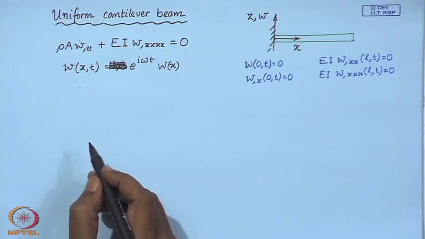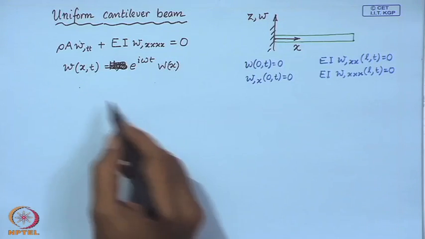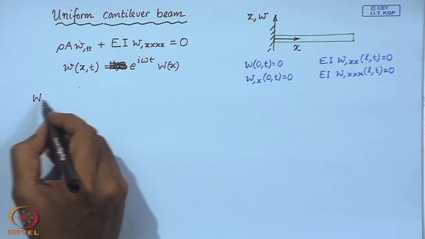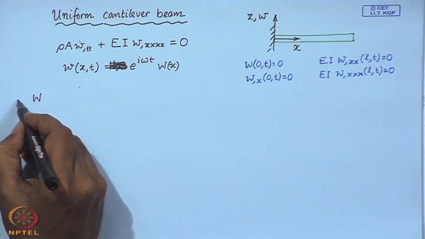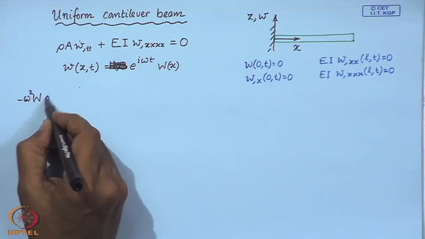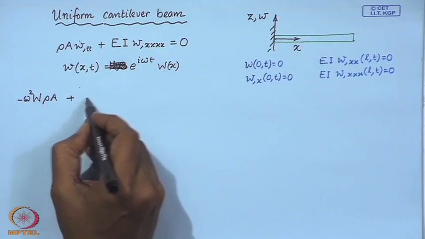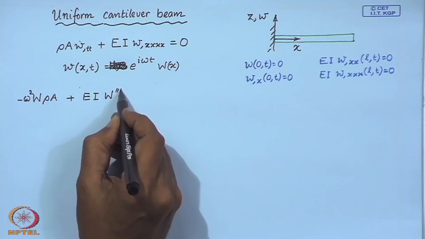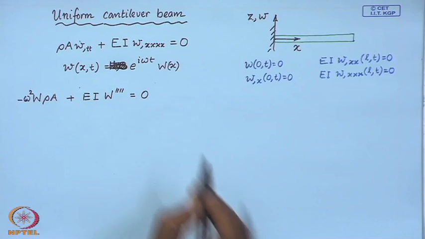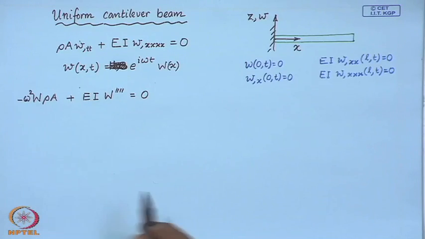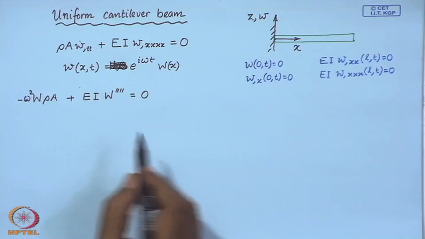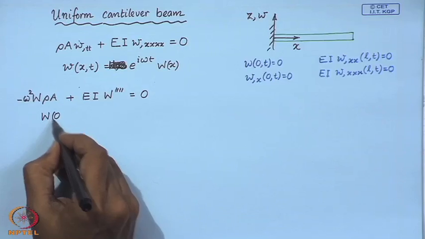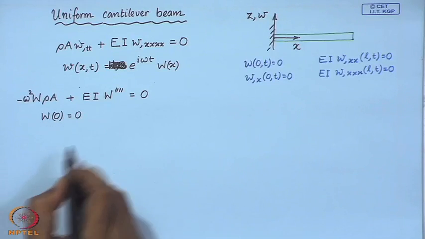Now, in this case, it was the differential equation of the eigenvalue problem along with the boundary conditions which we have now.